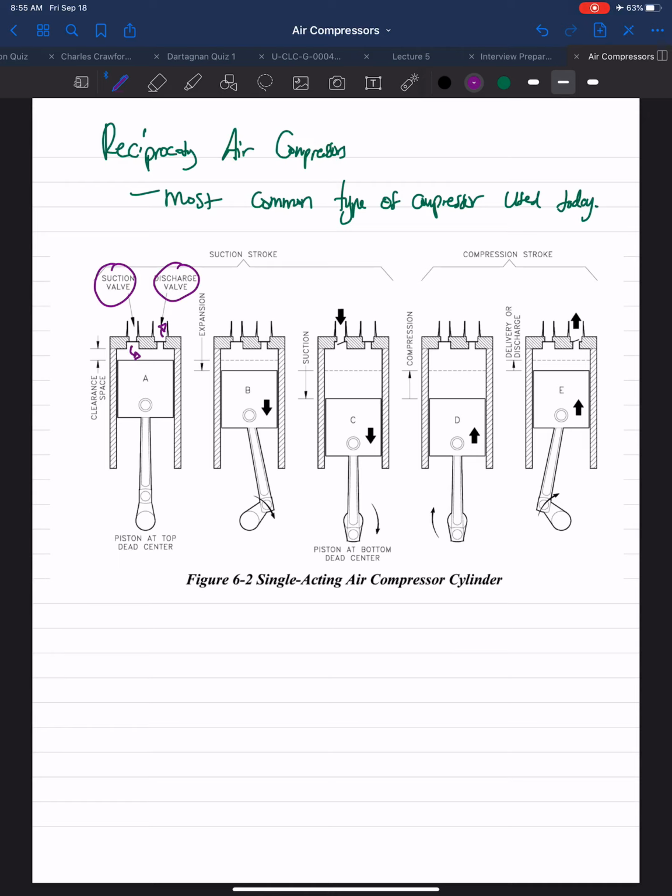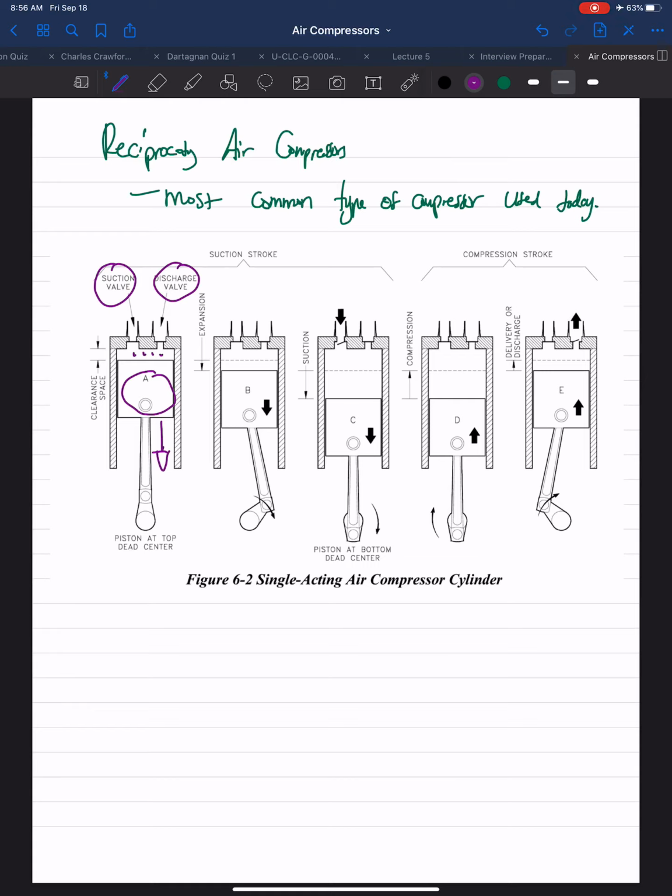So during the suction stroke, the piston, this is the piston, starts on its downward stroke. As the piston moves down, the air in the clearance space becomes under less pressure due to the expansion in the volume in the cylinder. More volume, less pressure.